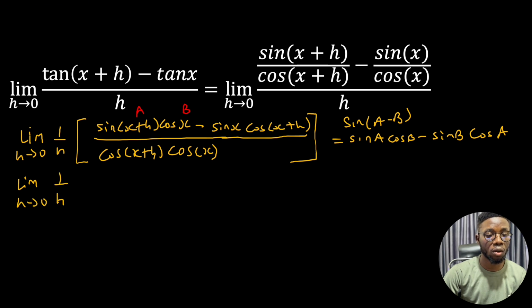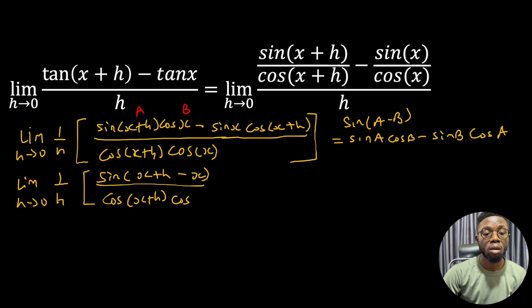We still have our 1 over h out here. Inside here we'll have x plus h, which is a, minus b, which is x, and everything is still divided by cos of x plus h multiplied by cos x. Proceeding from here, we know that this x would cancel out. So we have x minus x, that would be 0, and we'll be left with h there.